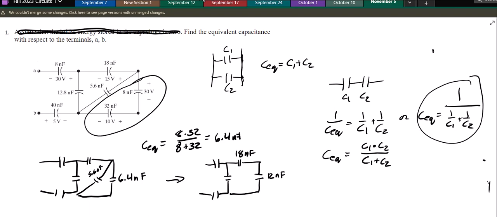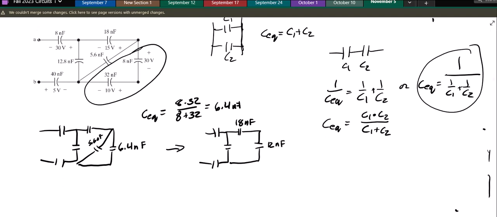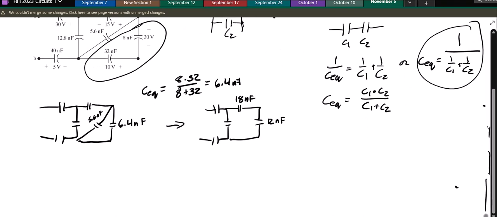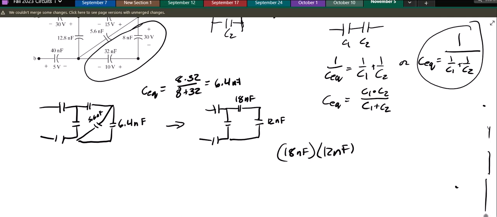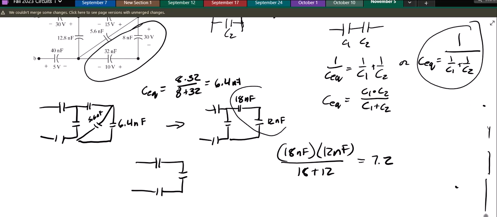And since they're in series, to add them I need to do product over sum. So 18 nanofarads times 12 nanofarads over 18 plus 12, and I believe that gets me 7.2. So that's these two together.